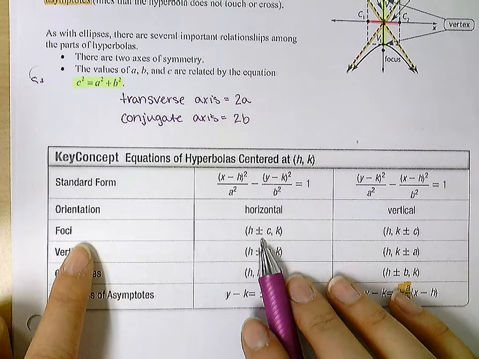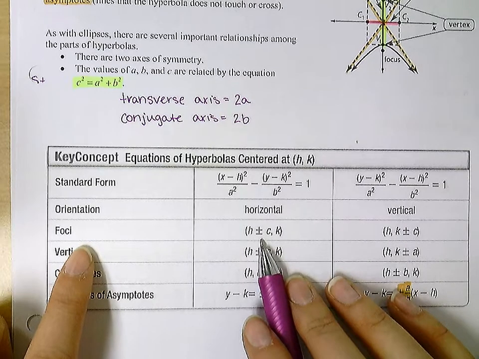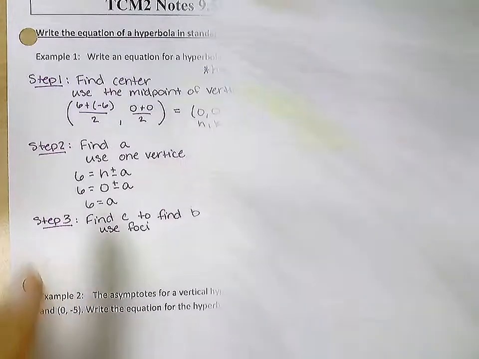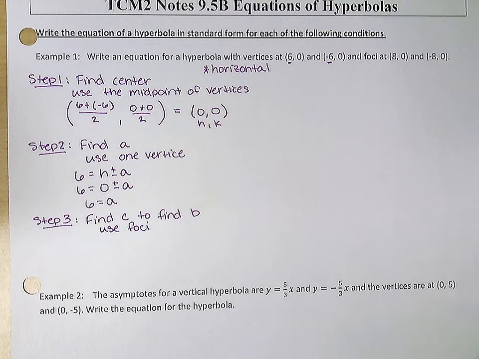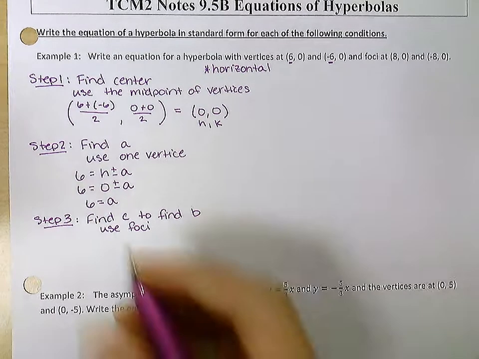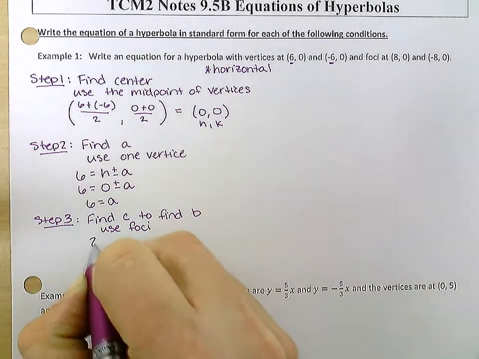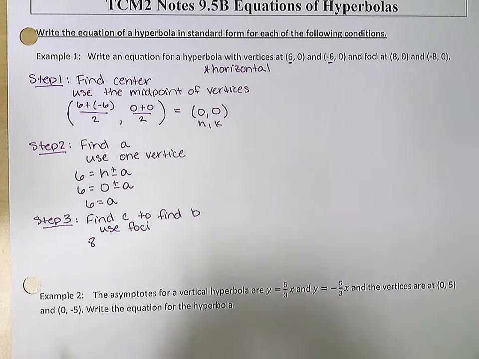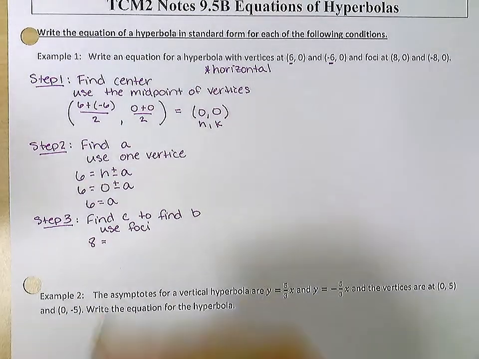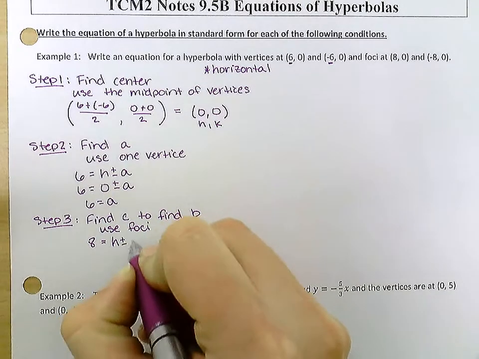So you need to take your x value from one of your foci points and set it equal to that section. An x value from our foci points would be 8 or negative 8. I'm just going to choose the positive one, but it doesn't matter which. So I have 8 is equal to our h value plus or minus our c.